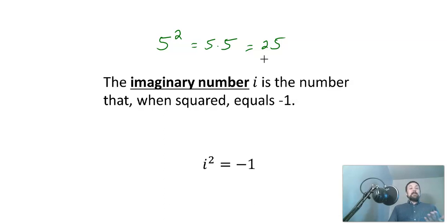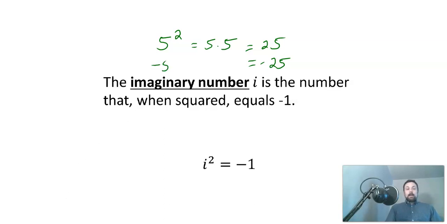If I need this to be -25 instead of +25, how might I accomplish that? Well, you might think that making the 5 negative when you square it would cause it to come out as -25, but that doesn't happen.